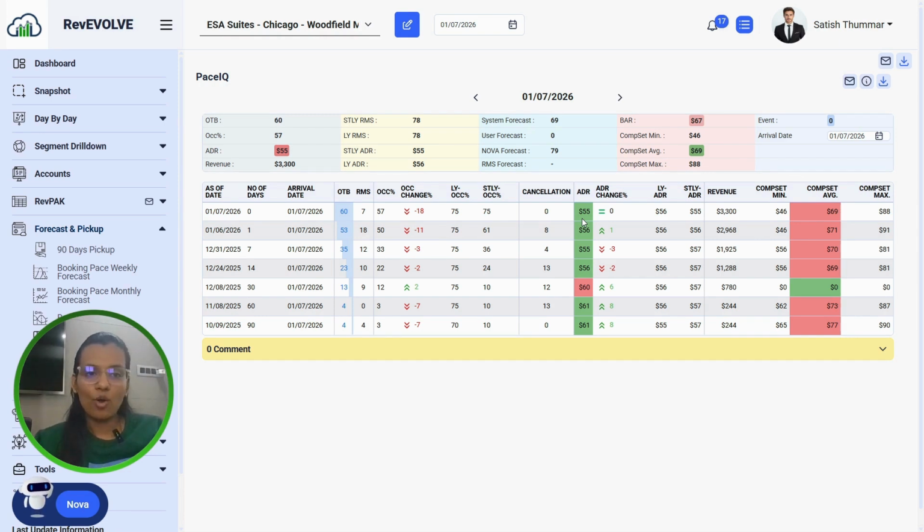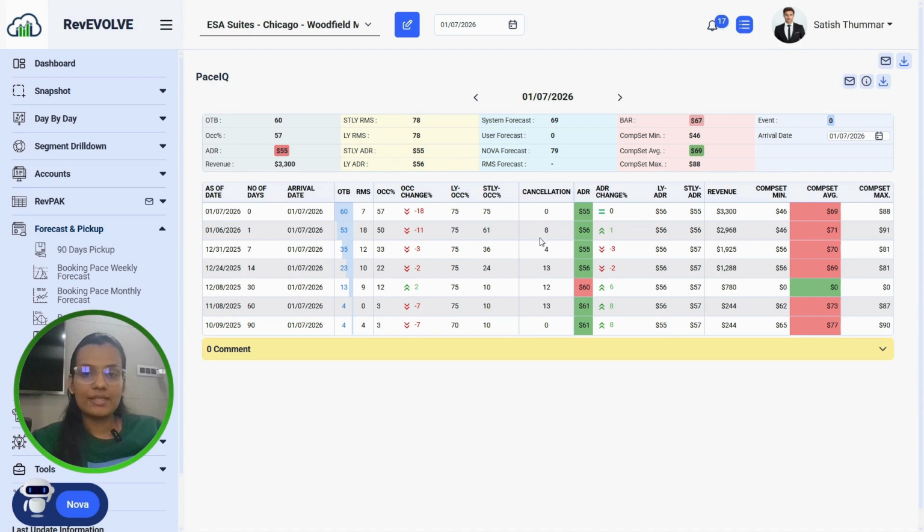At the same time, the COMSET average is at $69 while we are at $55. But this is not a warning sign, this is an opportunity signal. So we can say this is not historical reporting, but live demand intelligence. We can clearly see the occupancy change compared to STLY occupancy and LY.